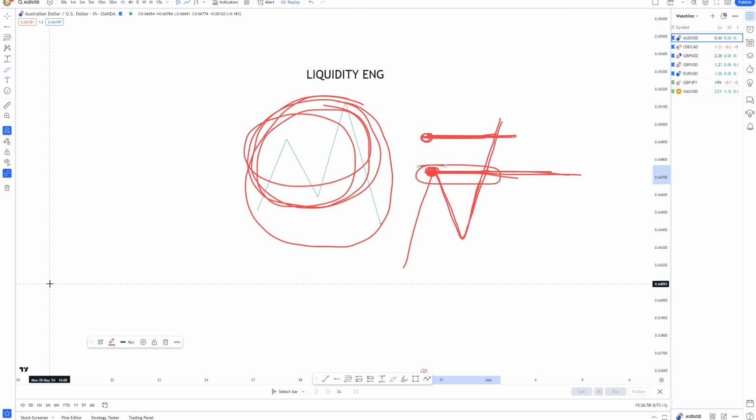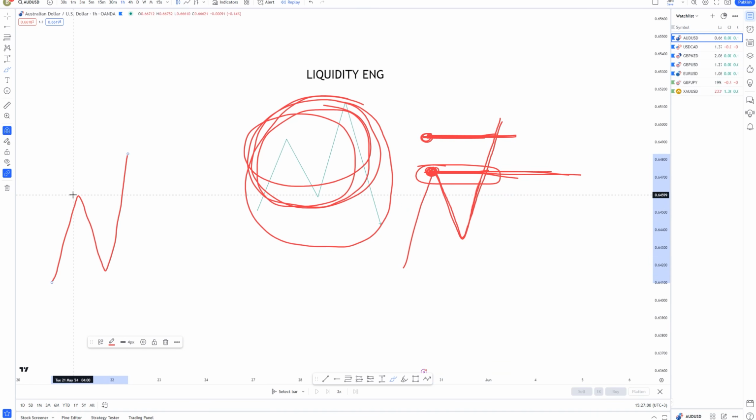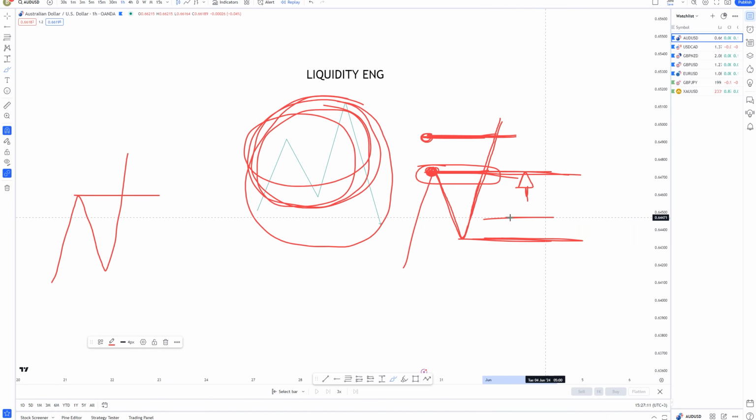So they know that if the resistance is broken, it turns into support. So they will try to put buy entries or buy orders at this point, but also the stop loss maybe at this low or between here. So what the market did again, the market just breaks this low, this invalidation here.